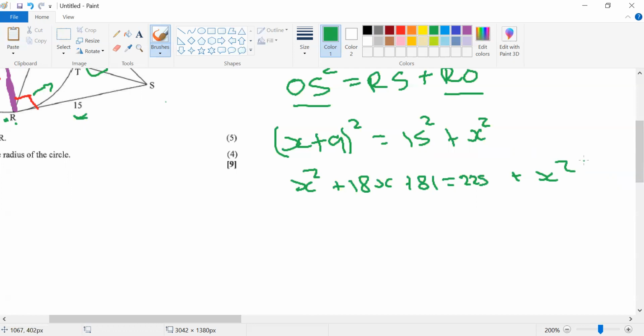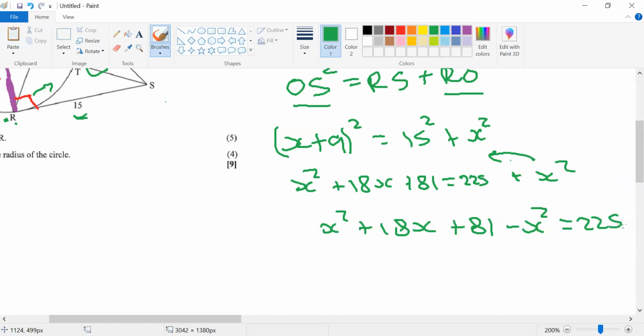Now, if we start simplifying things, we can see that we'll take the x squared across this side, and we'll have x squared plus 18x plus 81 minus x squared is equal to 225. So x squared minus x squared cancels out. I'm left with 18x plus 81 is equal to 225.